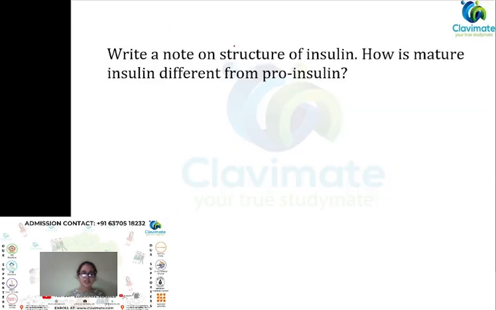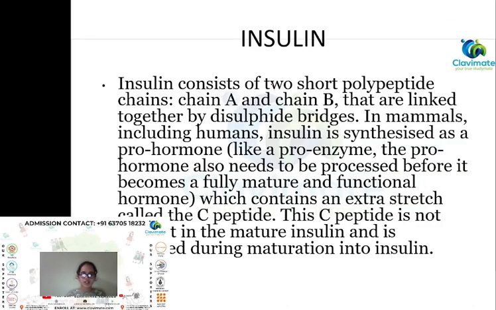Now, write a note on the structure of insulin. How is mature insulin different from pro-insulin? First of all, insulin consists of two short polypeptide chains. One is chain A and another one is chain B. These two are linked by disulfide bridges. In mammals, including humans, insulin is not synthesized as a mature hormone.